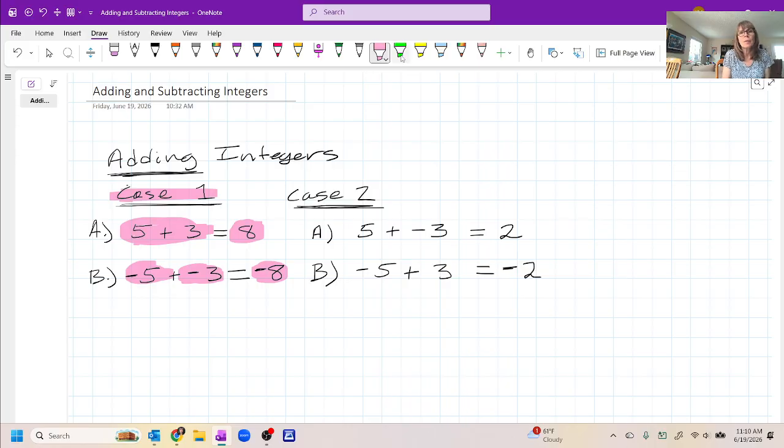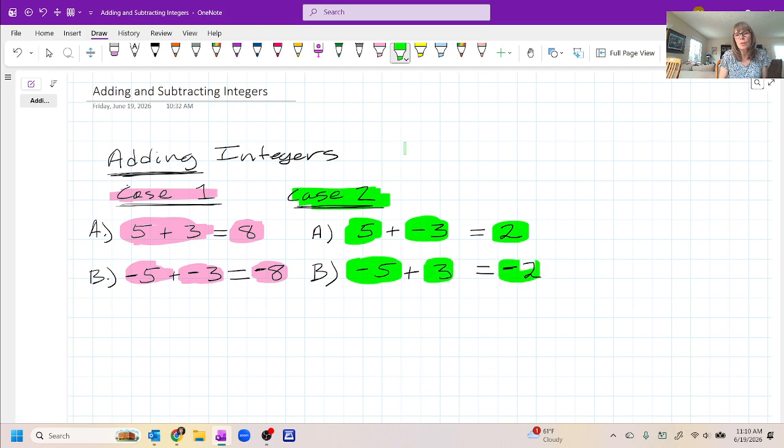That's case number 1. But case number 2 is when I have different signed numbers. Here I have $5, but I'm taking away $3, or I have $3 of debt, and so I only have $2 of positive money. Here I start with $5 of debt, and I add $3, so I'm down $2 in debt.